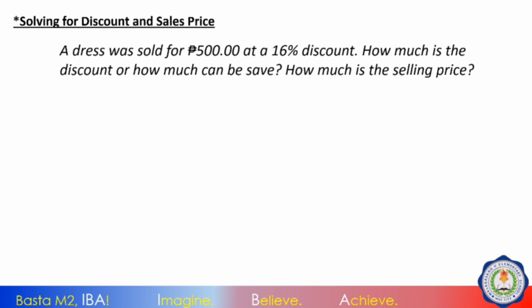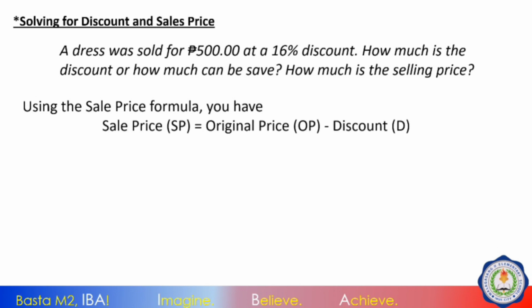Let us now solve for the sale price. Sale price is equal to original price minus discount, or SP is equal to OP minus D. OP stands for the original price, which is 500 pesos, and D is for the discount, which is 80 pesos that we have solved previously.